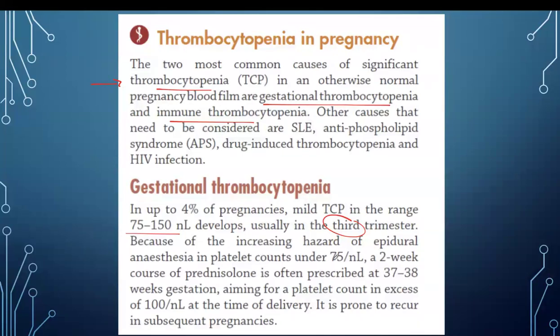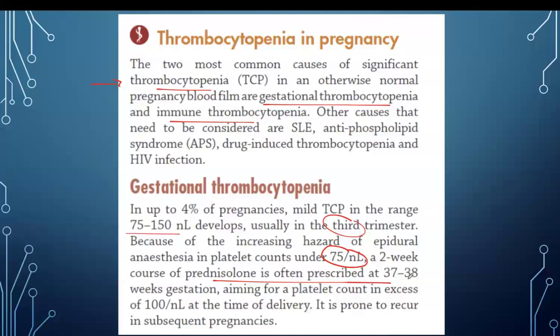But if a patient's platelet count goes below 75, then a 2-week course of prednisolone is usually given between 37 and 38 weeks, because with a platelet count below 75 there is a high risk of bleeding, especially if you are going for epidural anesthesia. The patient can also end up having a lot of bleeding episodes.